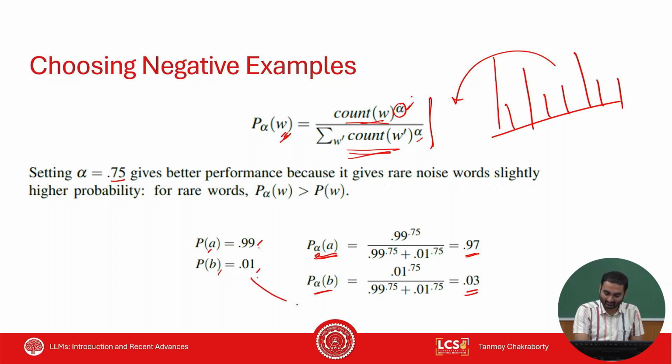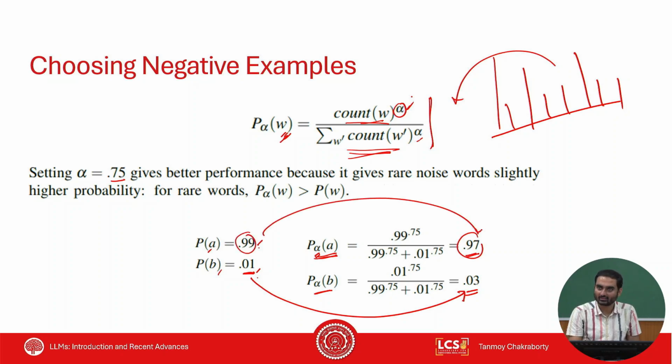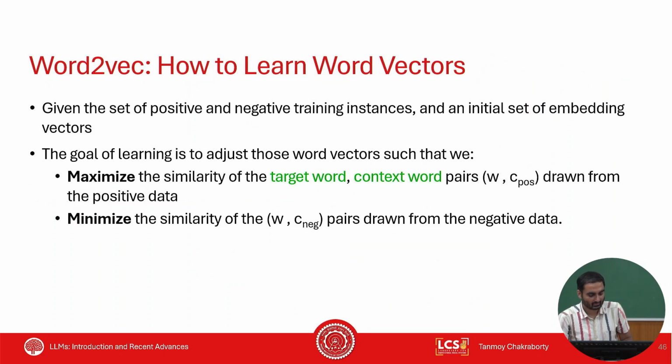So 0.03 is higher than 0.01. Although a highly frequent word still has higher probability, at least after this modification, rarely occurring words will have slightly higher probability, and highly frequent words will have slightly lower probability. And now you can control the value of alpha. So this is the probability based on which I will sample negative instances.